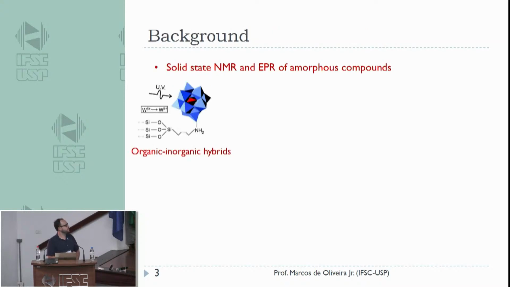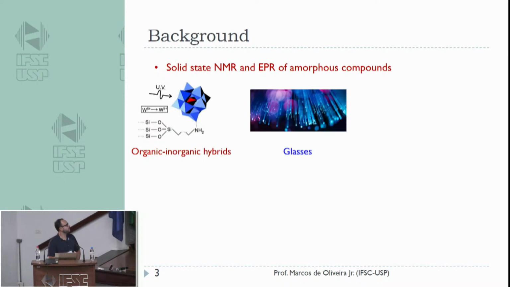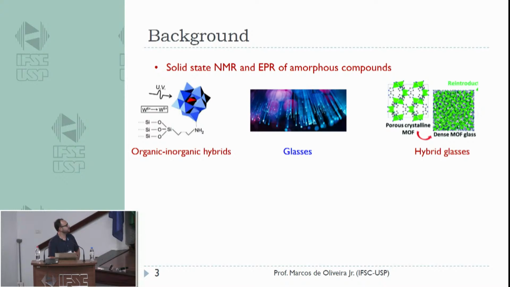Then this is my background. So I've walked through many fields in chemistry and material science. So starting from organic, inorganic hybrids, and then moved to the glasses. And nowadays I try to put these two together to study hybrid glasses.